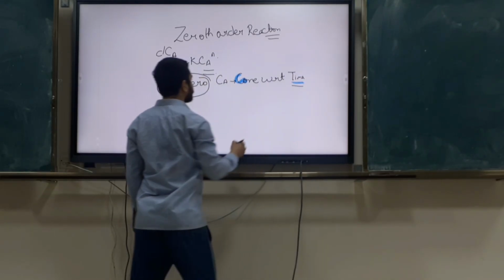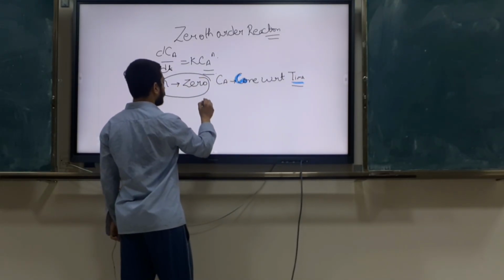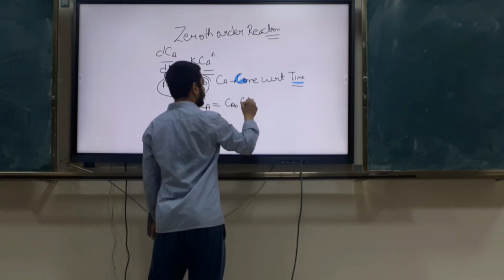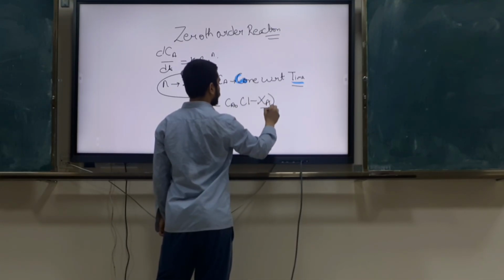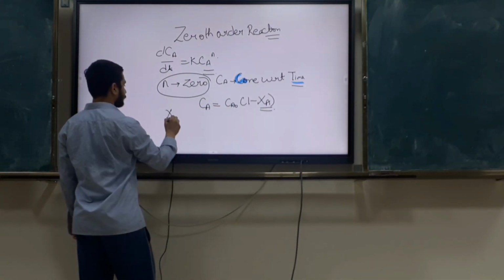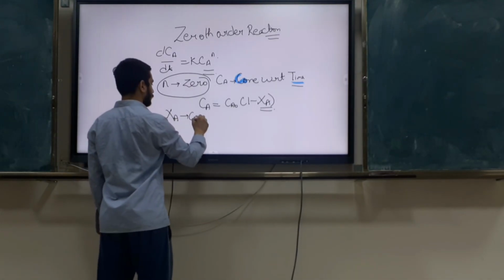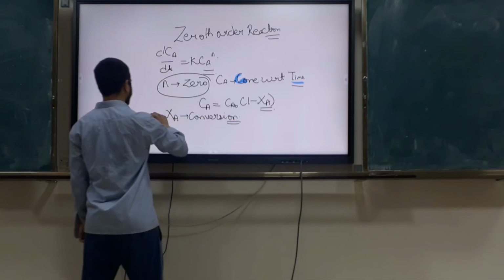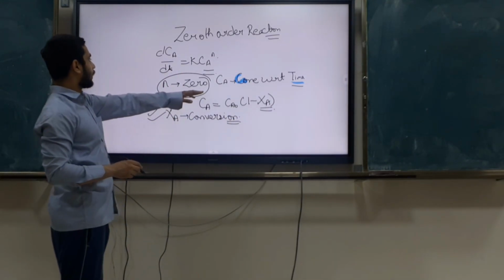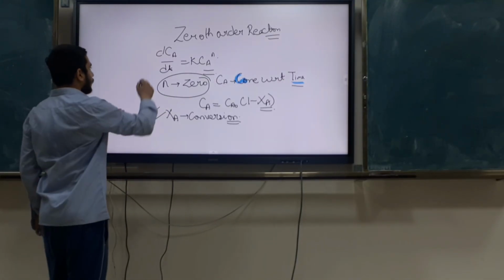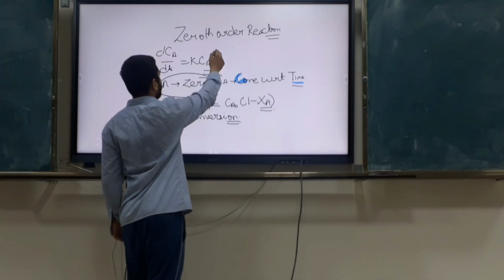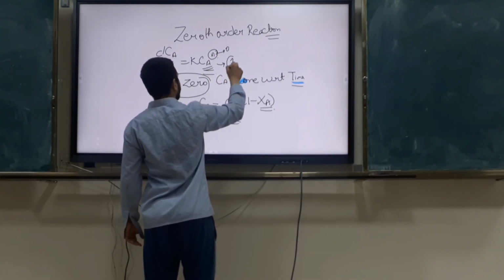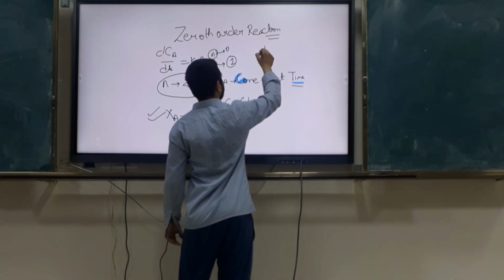So this was Ca, concentration with respect to time, and how we write Ca? Ca is equal to Ca naught into 1 minus Xa. So Xa is the conversion. So this is how we will write Ca. And in this zeroth order reaction, n value is equal to 0, so this term becomes equal to 1.